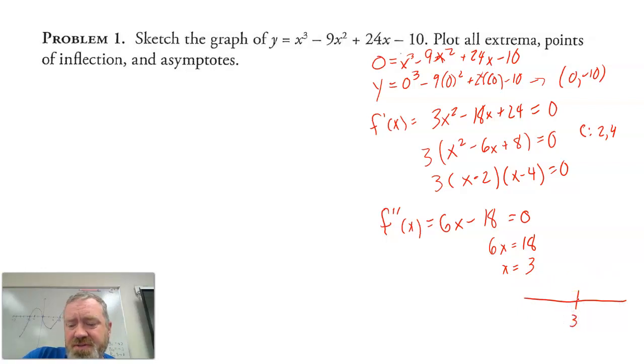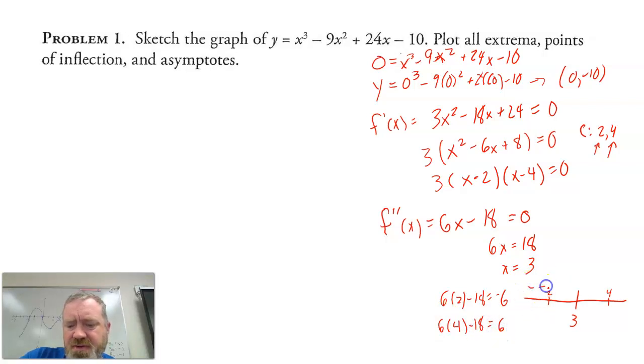Now let's test values in the second derivative because we found 2 and 4. So let's put 2 in here and 4 in here in the second derivative and see what values we get. If I put a 2 in there, 6 times 2 minus 18 is going to be a negative 6. And if I put a 4 in there, 6 times 4 is 24 minus 18. It's going to be a positive 6.